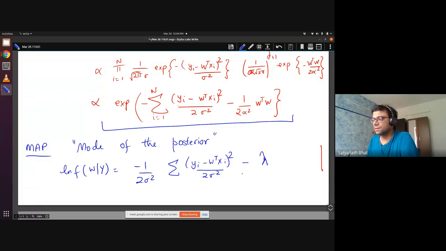I will write this as w transpose w, and all the constants I will collect, and this one also I am going to remove, just so that you can see that this is what you get. I'm making some of these constants go away. So if you want to find the mode, you may as well find the mode of this.